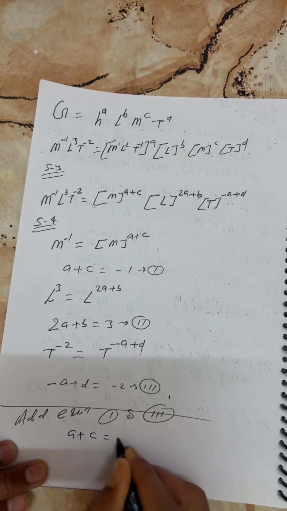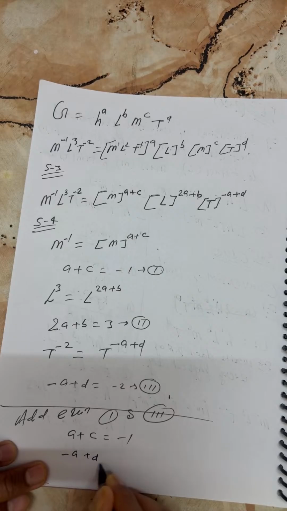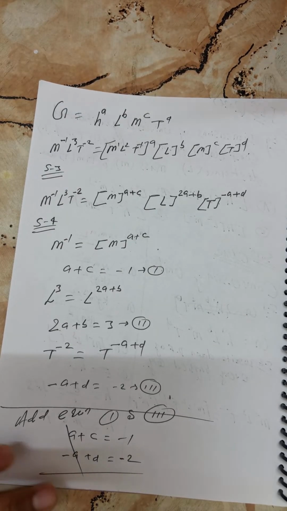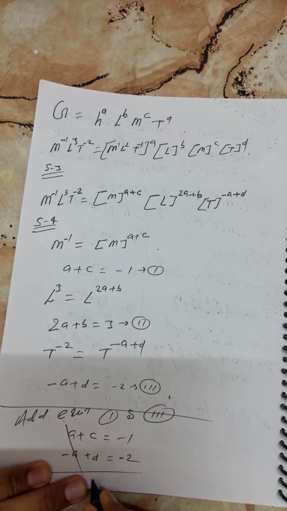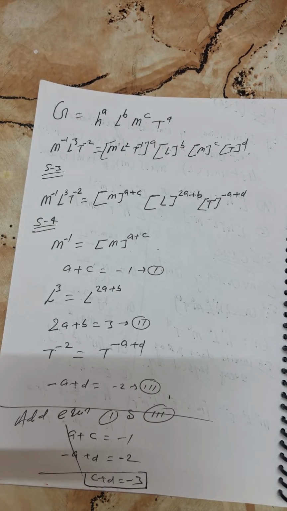A plus c is equal to minus 1, and minus a plus d is equal to minus 2. So you can write c plus d is equal to minus 3. Perfect. C plus d is equal to minus 3.